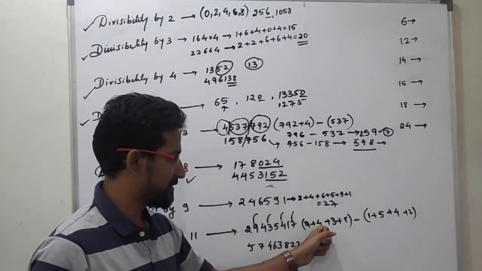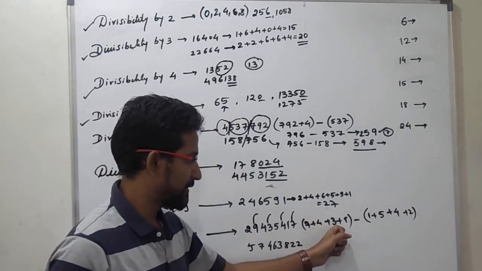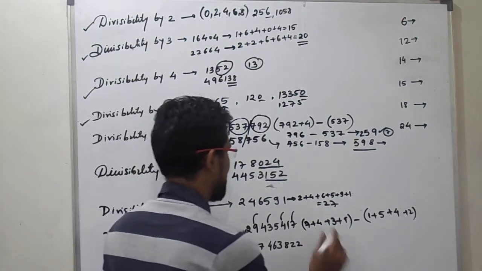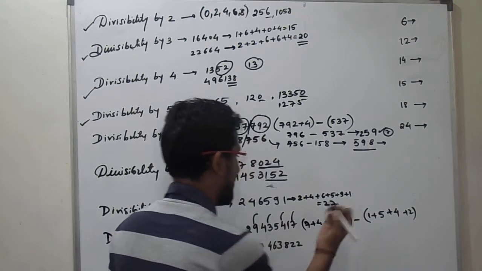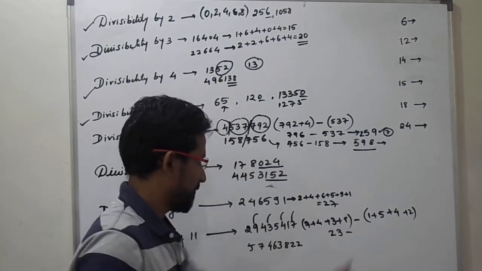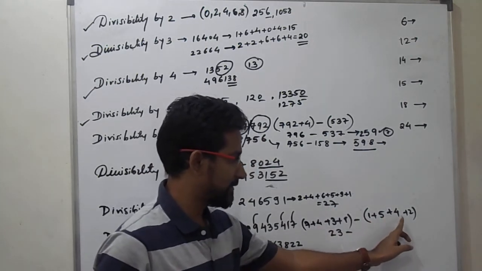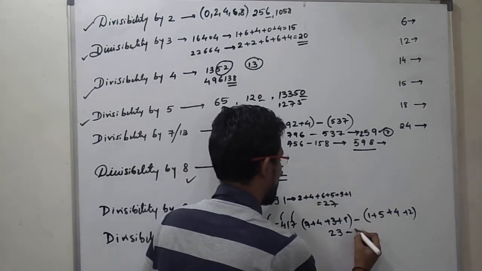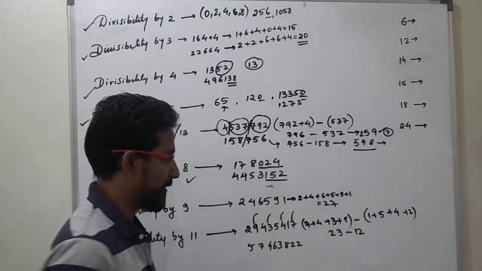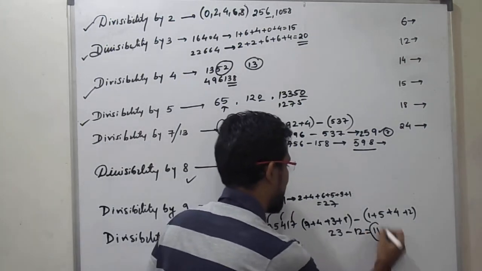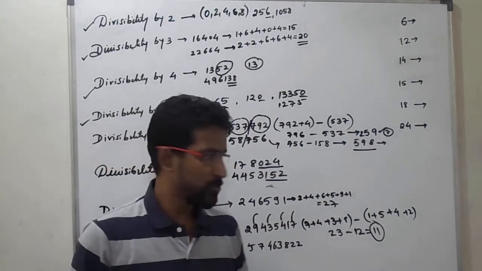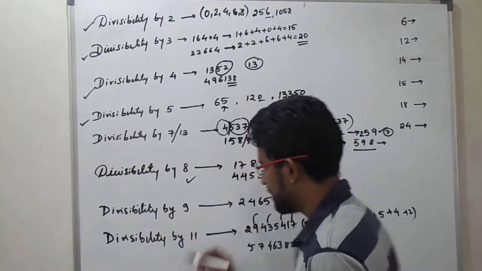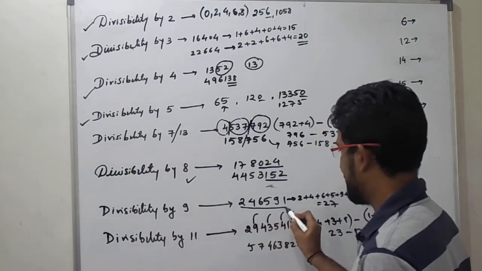Now 7 plus 4, that is 11, plus 3, that is 14, plus 9, that is 23. So this will be 23 minus (1 plus 5, 6, plus 4, 10, plus 2) 12. So 23 minus 12, that is nothing but 11. And 11 is divisible by 11. So this number will be divisible by 11.